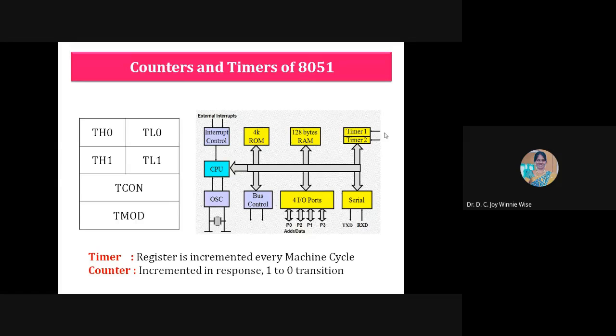So now we are going to study about these timers. Okay, two timers are available, timer 0 and timer 1. You have already studied the timer in the third unit.